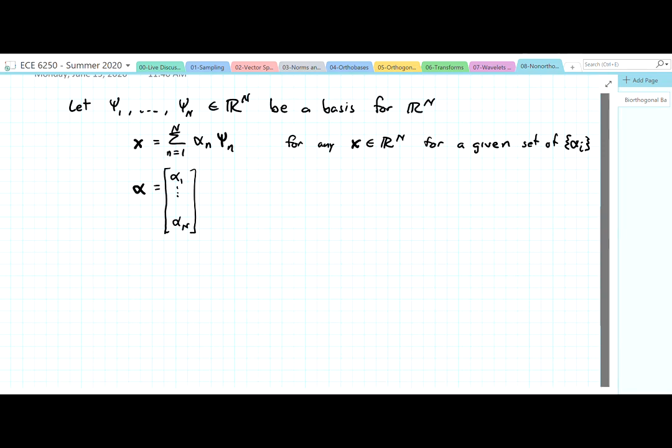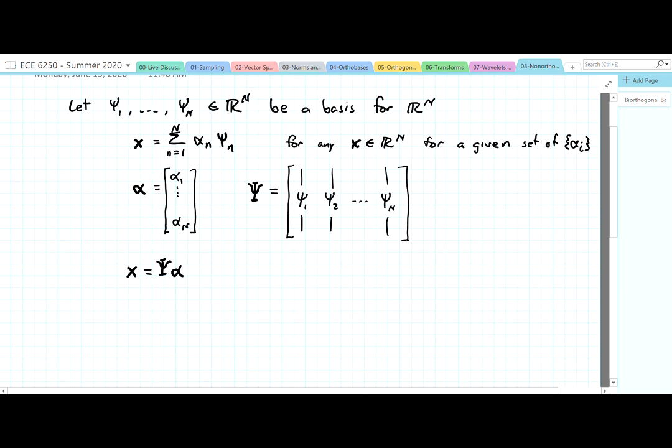And so we'll let capital psi, it's my attempt at a capital psi, have column vectors of our individual basis vectors. And so now we can write this as x is equal to psi alpha.